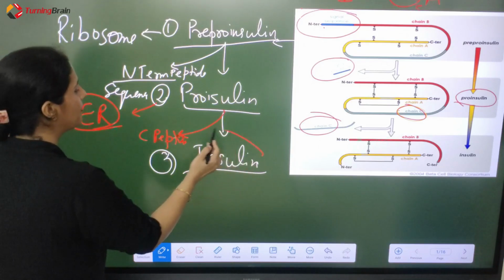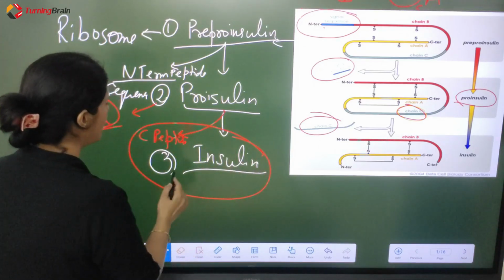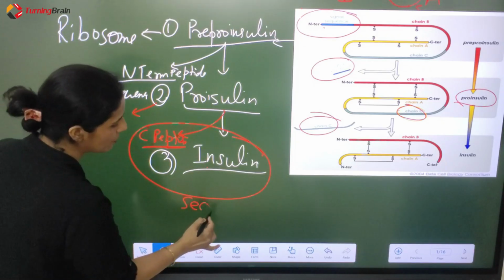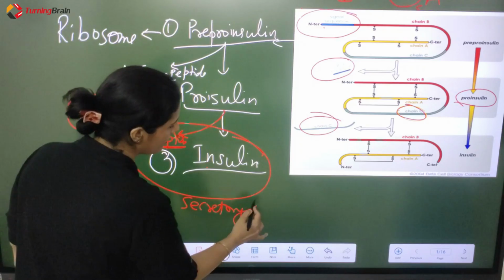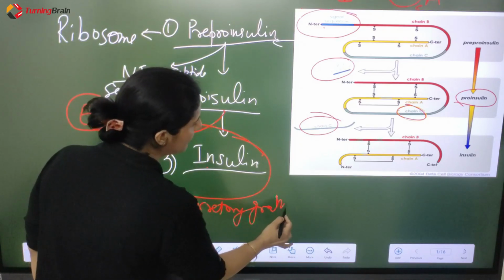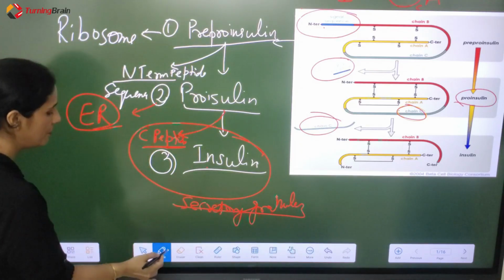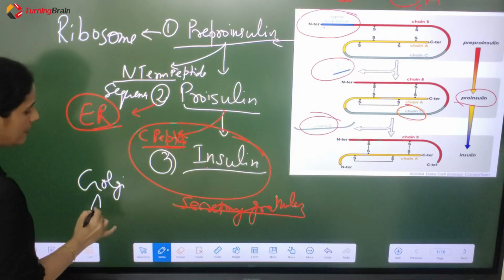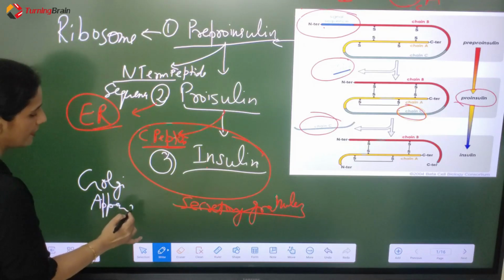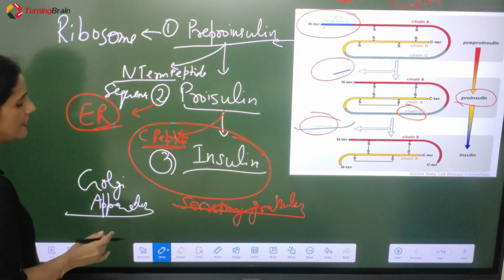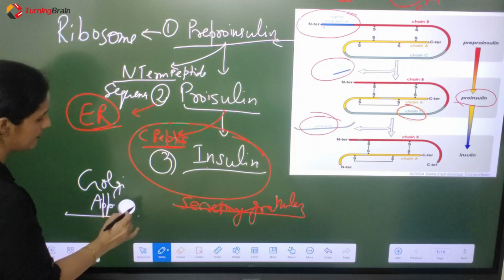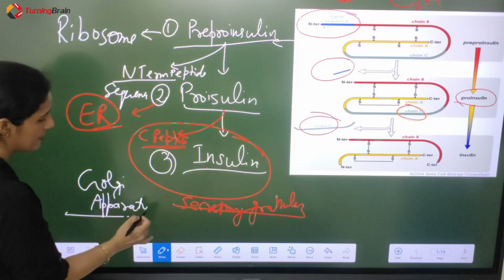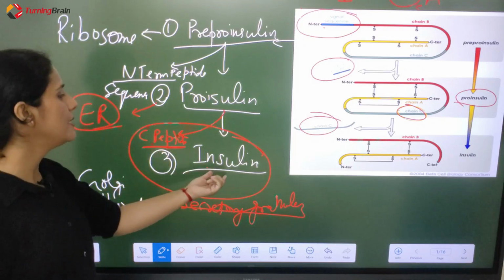But what happened? This C peptide remains along with insulin in the secretory granules. Secretory granules are formed at the level of the Golgi apparatus. The C peptide is released along with the insulin.